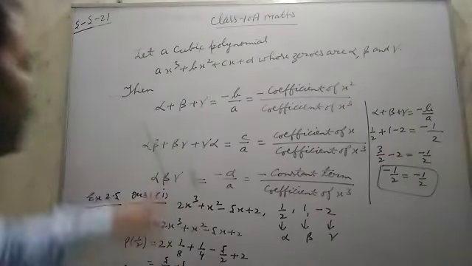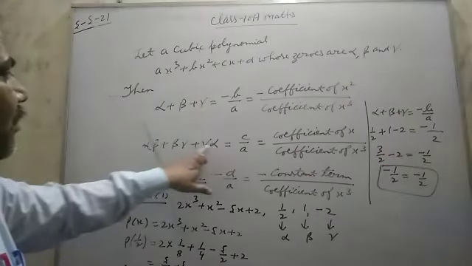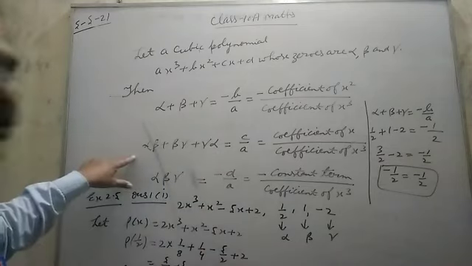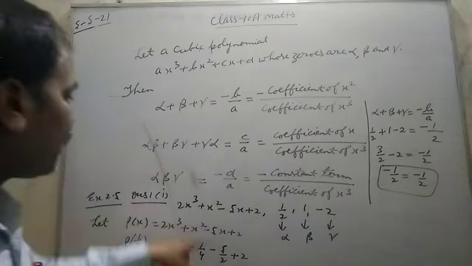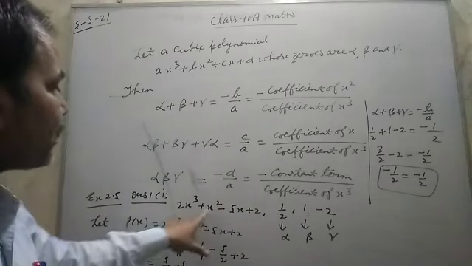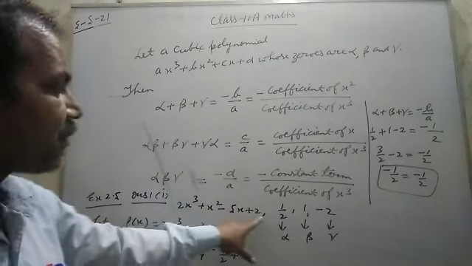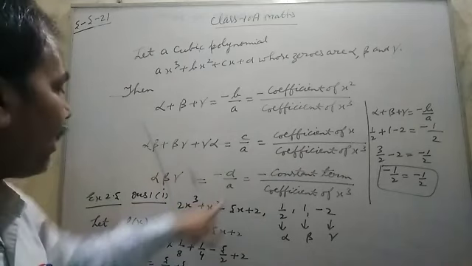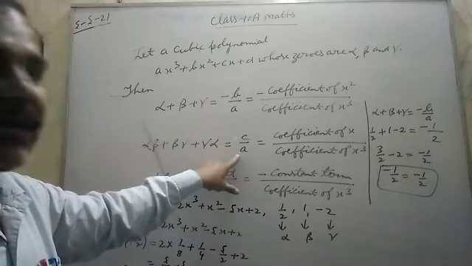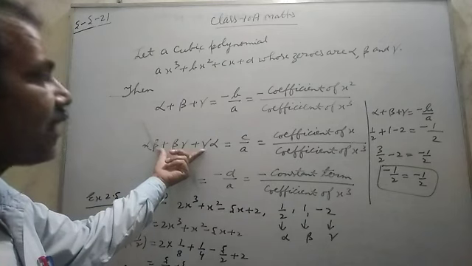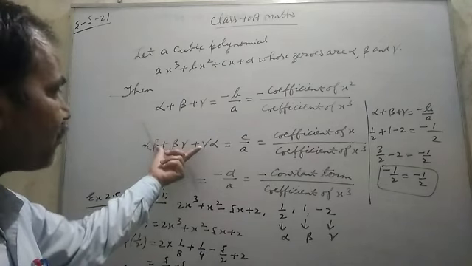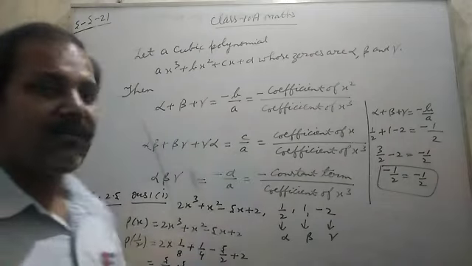Clear? Then second, alpha beta plus beta gamma plus gamma alpha, putting alpha beta gamma values in left hand side and in right hand side c value from ax cube plus bx square plus cx plus d. So c value minus 5 put here and a value 2, minus 5 by 2, and in left hand side putting alpha beta gamma values, and after solving if this also comes minus 5 by 2 means verified.